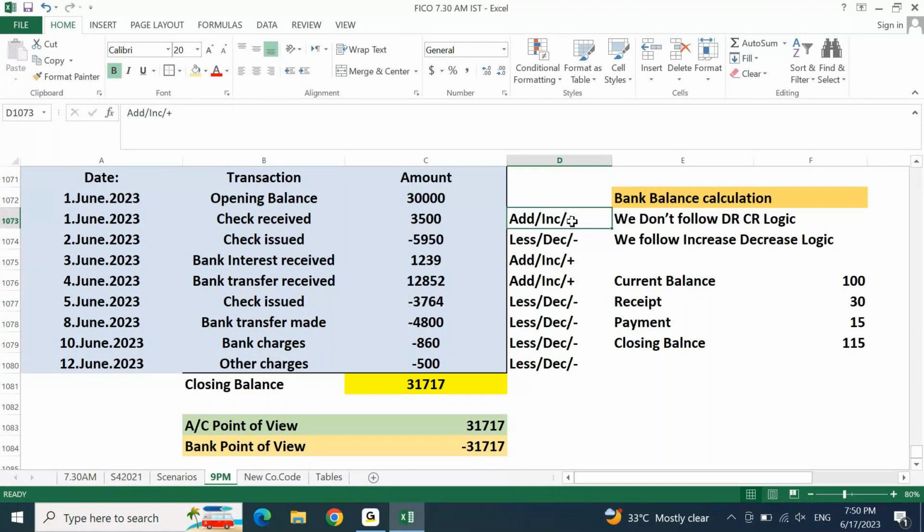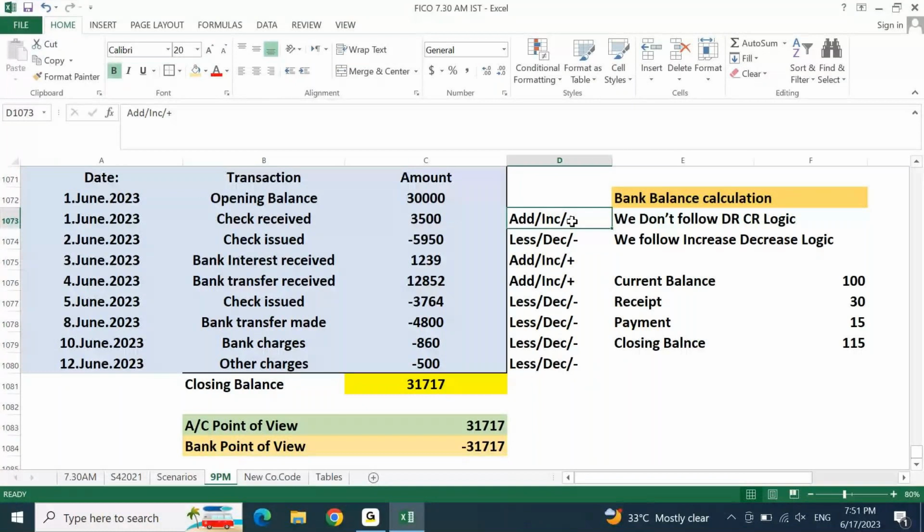Now, what normally happens is that we tend to think from the debit credit point of view. Whenever you talk about any number, the first thing that comes to mind is debit or credit. Even in BRS, this is quite common for everybody. When you think in terms of debit credit from the bank statement point of view or the BRS point of view, in the majority of cases we will go wrong. Why?